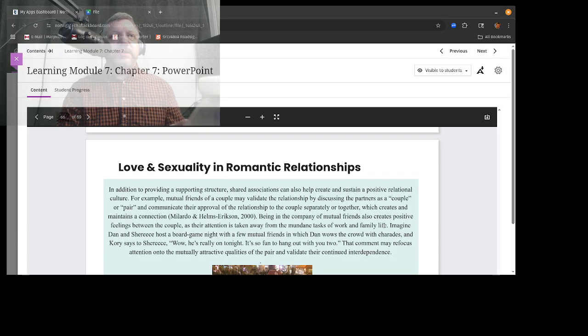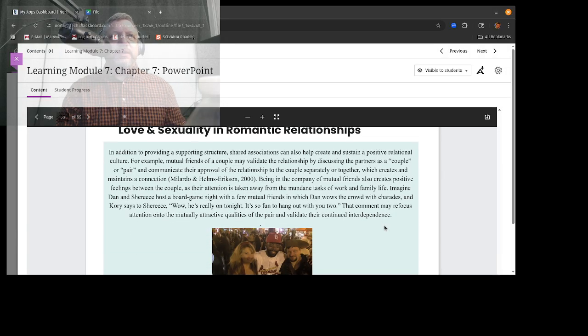We've got to communicate. In addition to providing a supporting structure, shared associations help create and sustain a positive relationship culture. For example, mutual friends of a couple may help validate the relationship by talking about how cute they are as a couple, what a wonderful couple they are together, right?